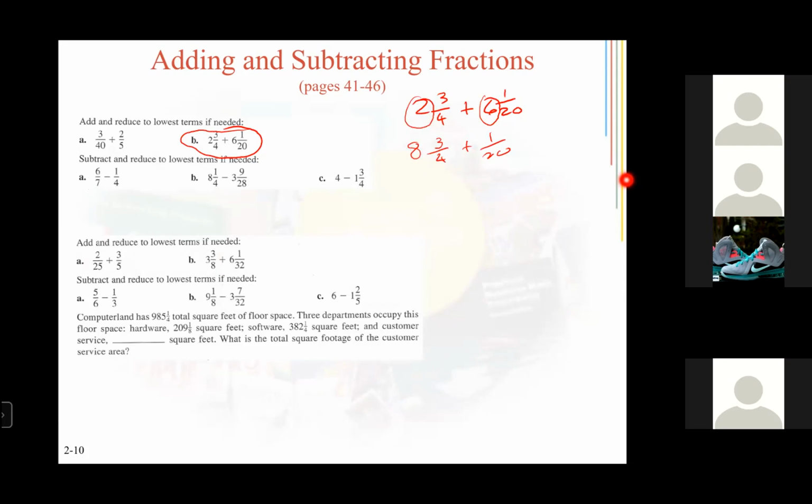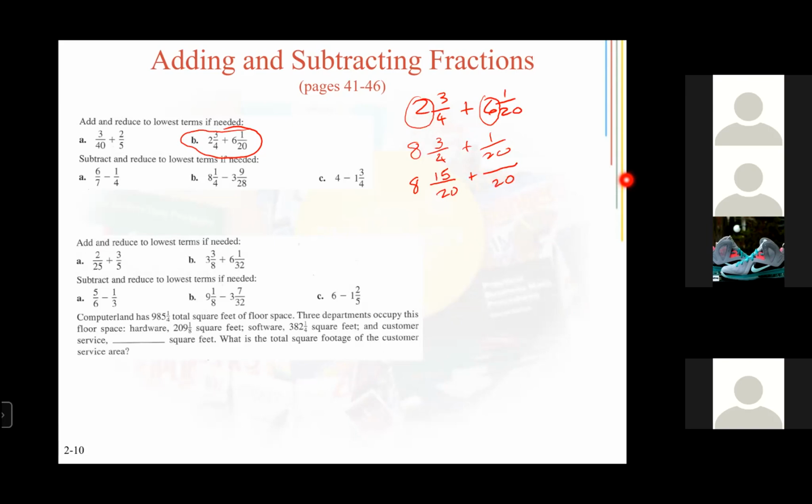All right. So now what would be your common denominator in this case? It's 20. Okay. So now you need to change 3 over 4 to something over 20. That would be 15, because you're multiplying by 5. 5 4s are 20, so 5 3s would be 15.